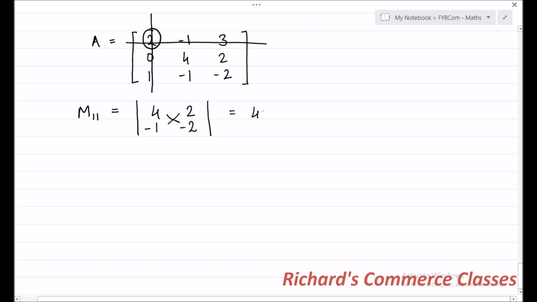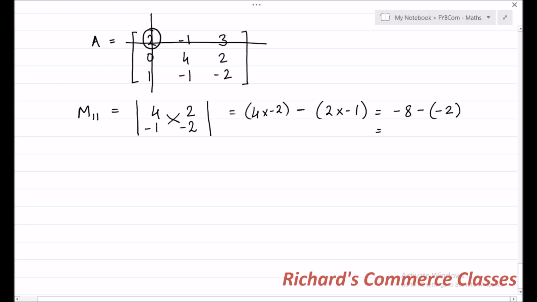So that will be 4 into minus 2 minus 2 into minus 1. That is equal to 4 into minus 2 is minus 8, minus 2 into minus 1 is minus 2.